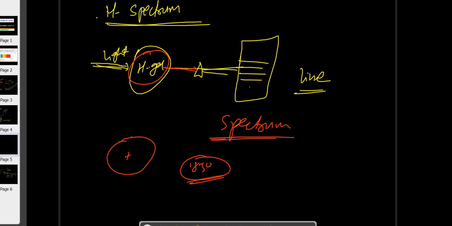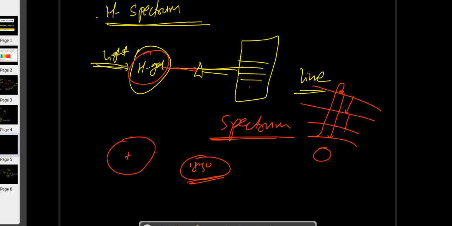Later, when Bohr's atomic model came, he told that yes, only one electron is there, but if you give more energy, this electron jumps into a higher level. From there, the electron may come directly to a lower level, or it may come step by step.